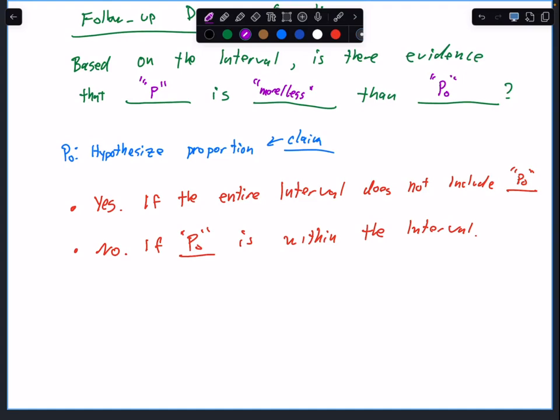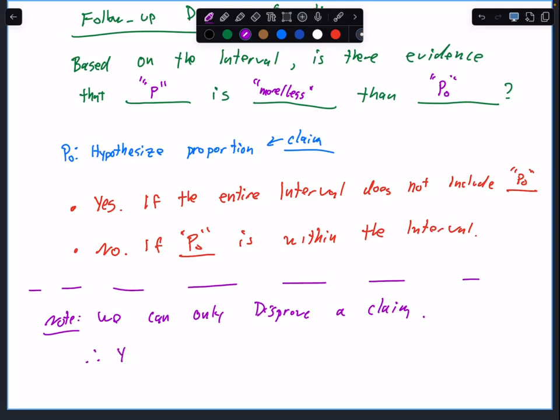So in this previous problem, we're basically saying, is there evidence that the clinic is lying? I'm going to put this in terms of notes here. Please note this: we can only disprove a claim.